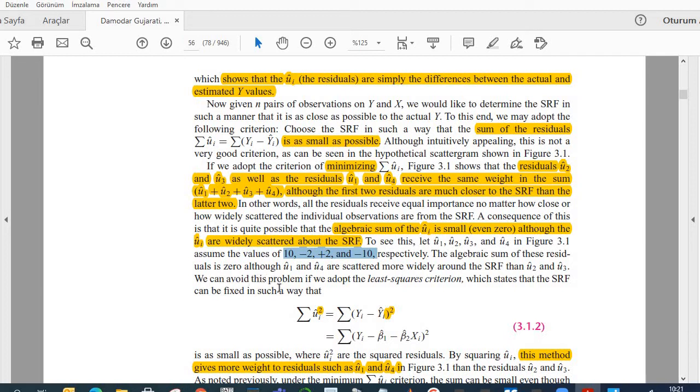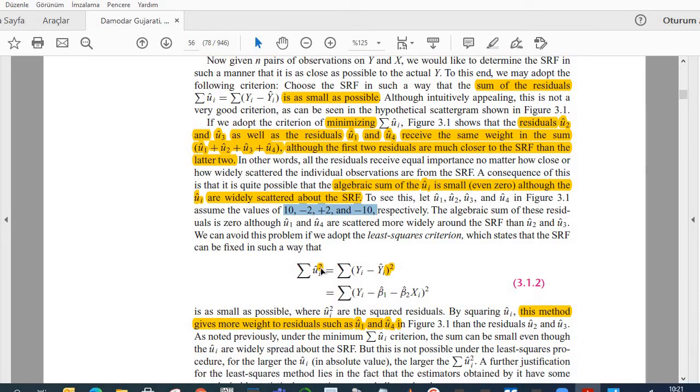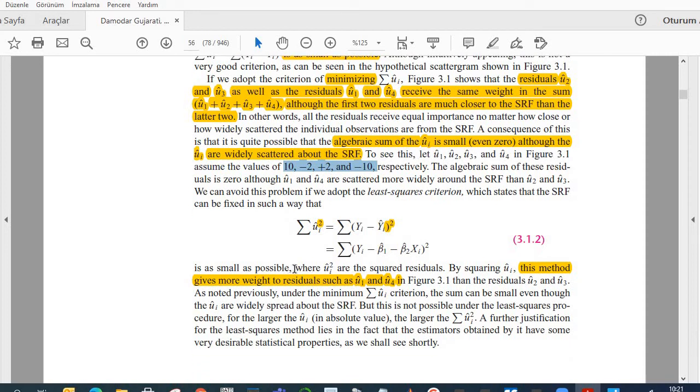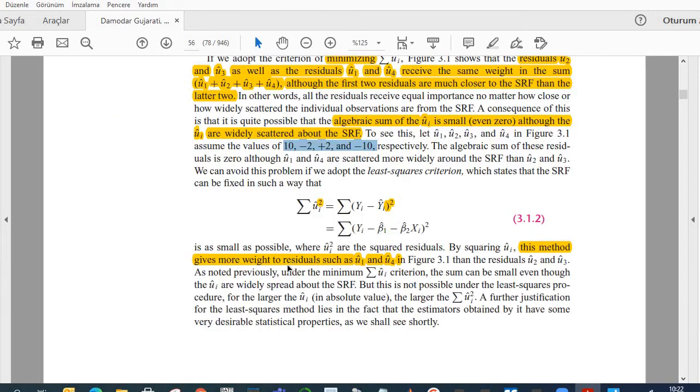We can avoid this problem if we adopt the least square criterion. So we put a square in order to obtain non-zero values for our summation, as small as possible, where the u are squared residuals. By squaring u, this method gives more weight to the residuals such as u1 and u4.